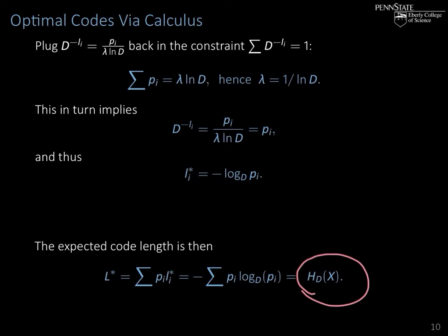But the fundamental insight now is really that the optimal length is given as the entropy of the random variable with respect to the cardinality of the alphabet. Well, strictly speaking, it's too early to say that this is really the optimal length. Those are just the critical points, for which the partial derivatives vanish.